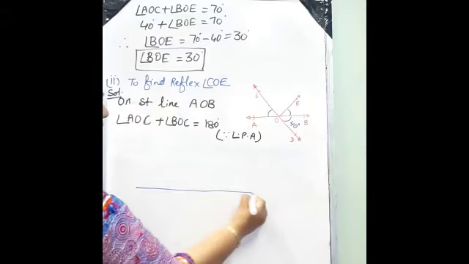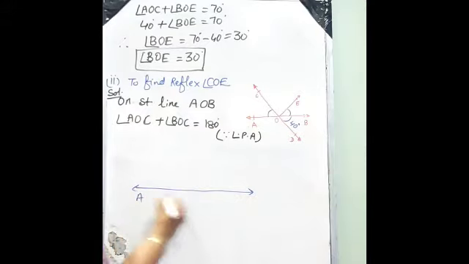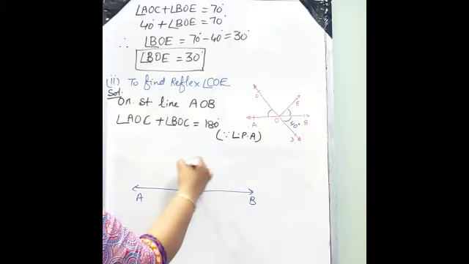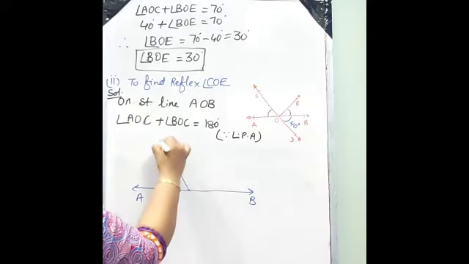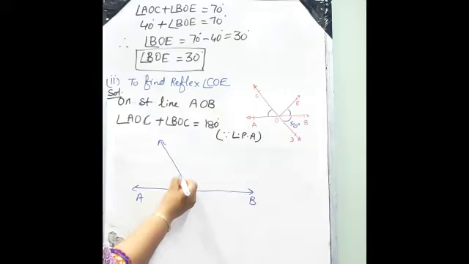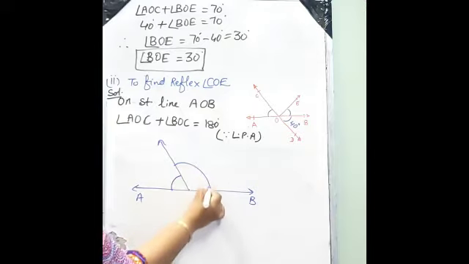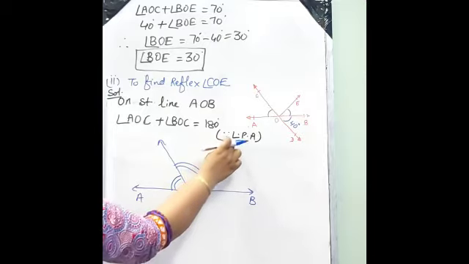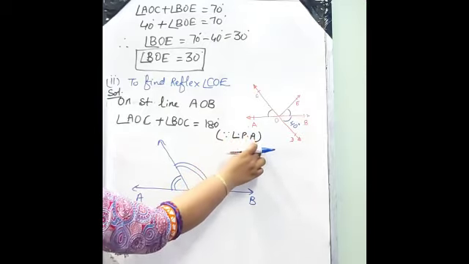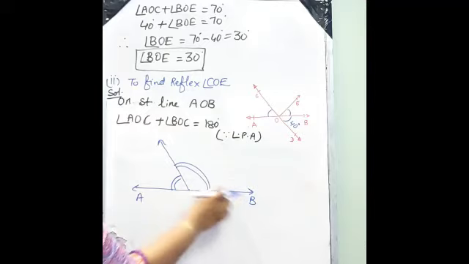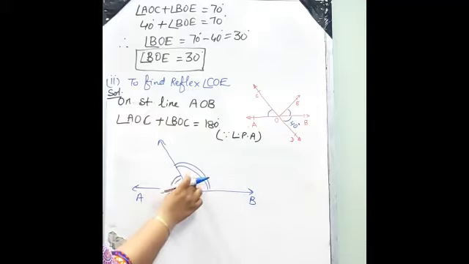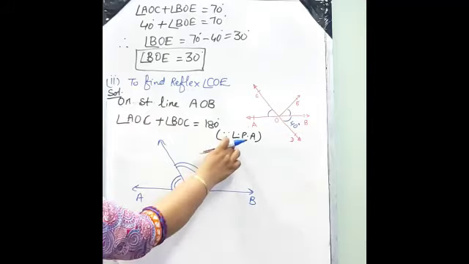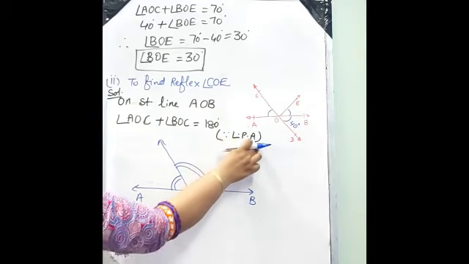We know that if a ray stands on a straight line, then the sum of two adjacent angles equals 180 degrees. On a straight line, the sum of two adjacent angles is always equal to 180 degrees. Reason is linear pair angles.